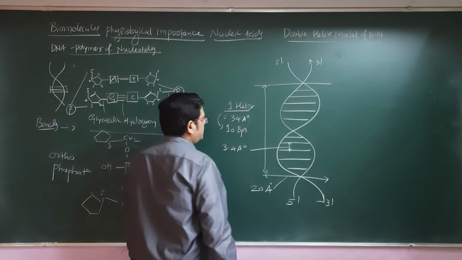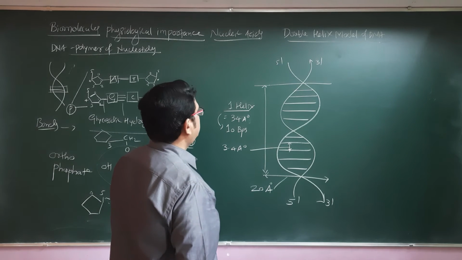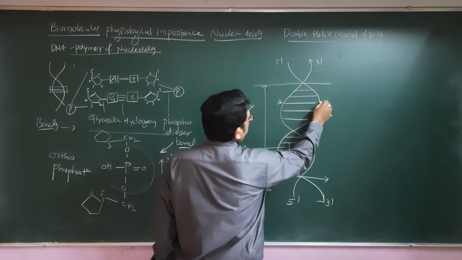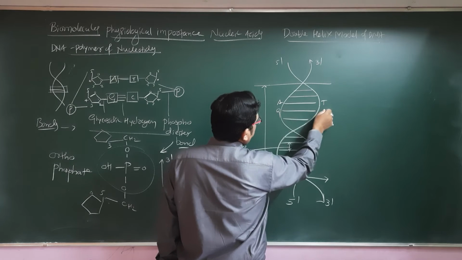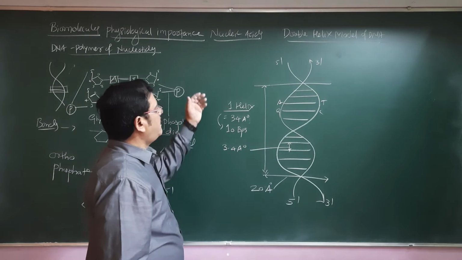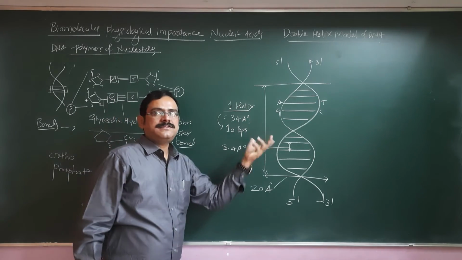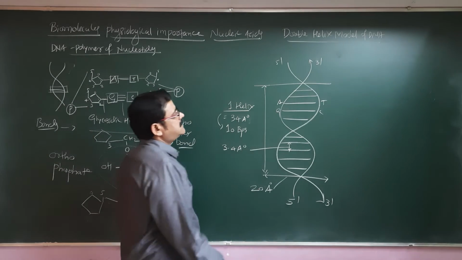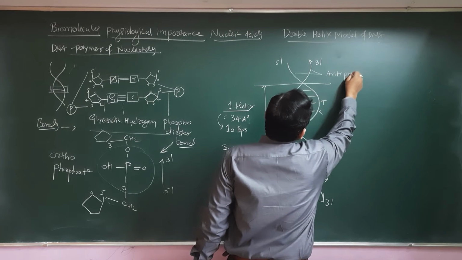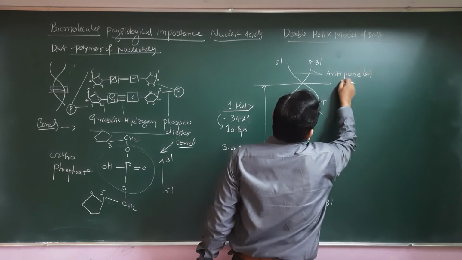Adenine pairs with the thymine, guanine pairs with the cytosine. So the DNA is spiral, and these strands are anti-parallel strands.